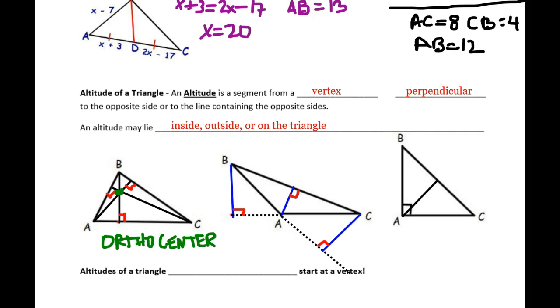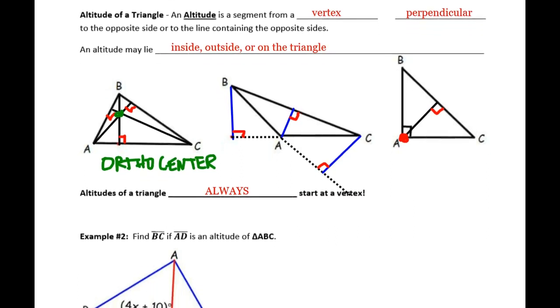And so in this case, this is my perpendicular from vertex A, but all three altitudes converge right here. So this is their point of concurrency. That is my orthocenter. And it's on the triangle. So inside, outside, on the triangle. And don't forget that your altitudes are always going to start from a vertex.